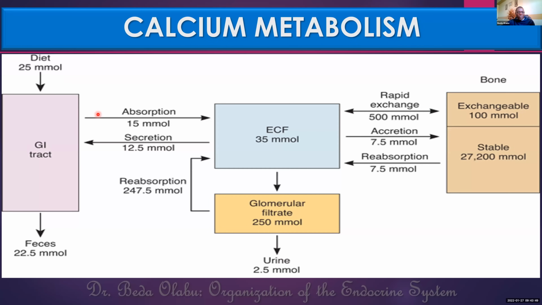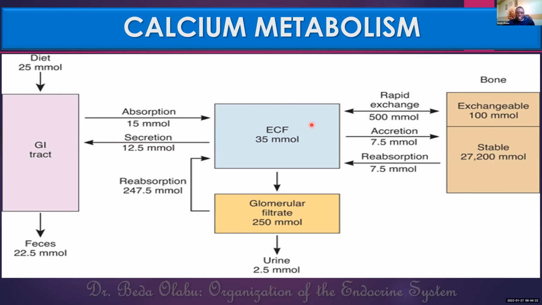Of course, there'll be that which the body will be able to absorb, and there'll be that which will not be absorbed. So let's think about the one that the body absorbs. The one that the body absorbs goes to the extracellular fluid circulation. So it is in the bloodstream and the like. When it is in the bloodstream, it can be exchanged with the bone.